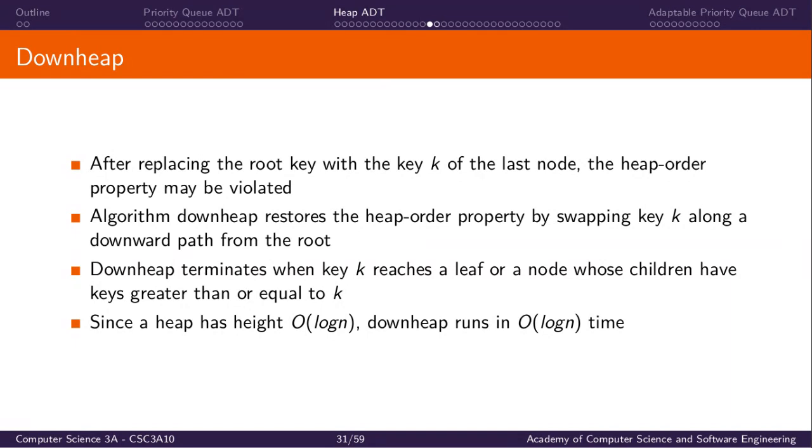Again, heap order property is preserved. How many times do you have to do this in the worst case? We have to travel the entire height from the root to a leaf. And so again, worst case, this is an order log n operation.